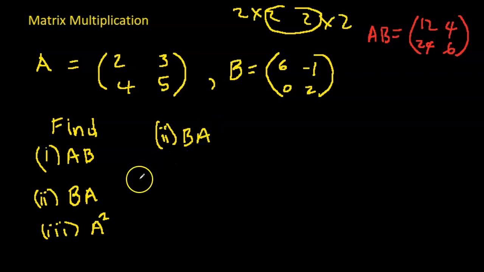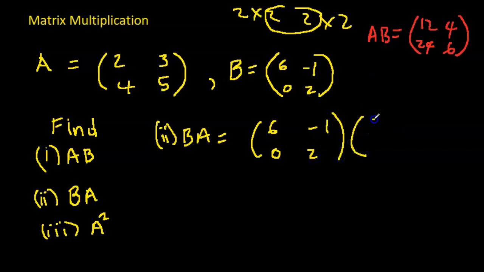And of course, BA is B times A. So this time I'll put the B at the front. So 6 minus 1, 0, 2 times A at the back. So 2, 3, 4, 5.